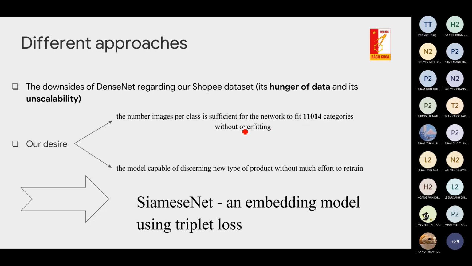It will not know about other classes. So the DenseNet has many disadvantages. So we want to approach in a different way called the embedding model using triplet loss. This Siamese Net will be presented by Phạm Thanh Hưng in the very next session.